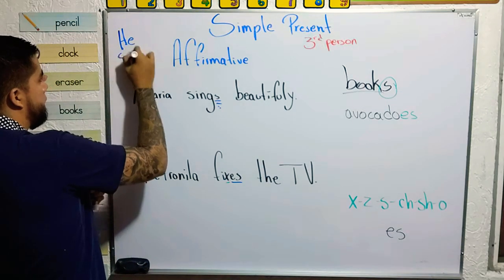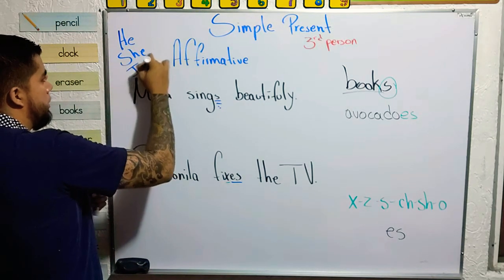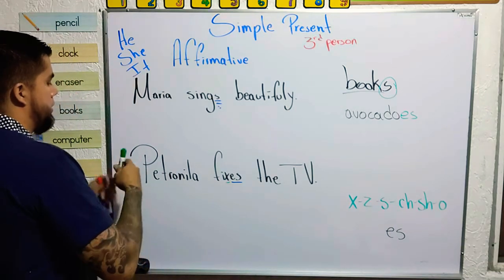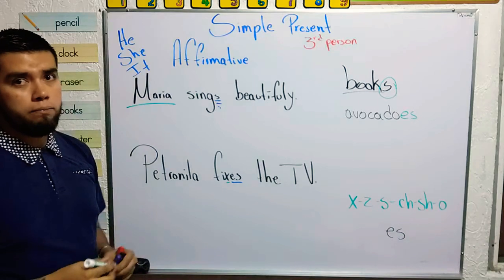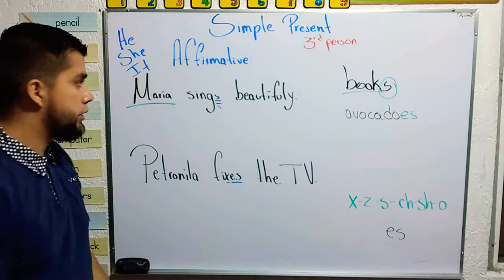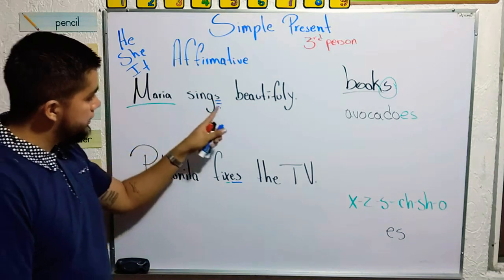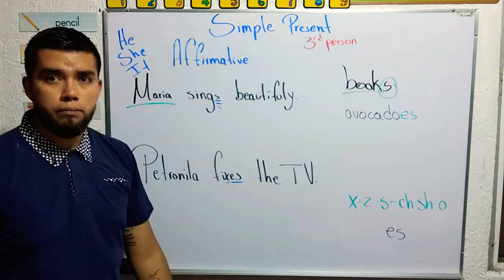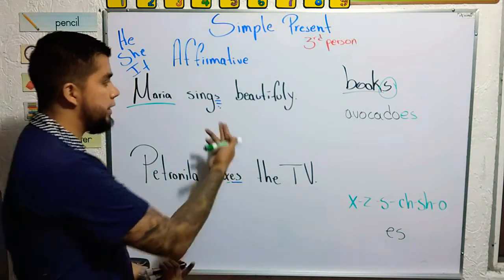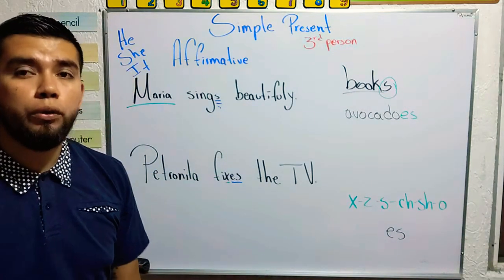He, she, it. Well, in this case, we're talking about Maria, or she. So Maria sings beautifully. So sings, with extra s. That is the normal rule.